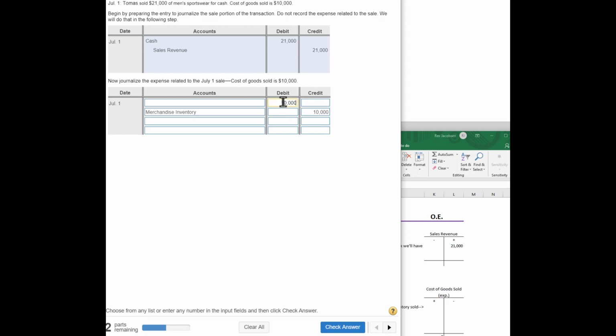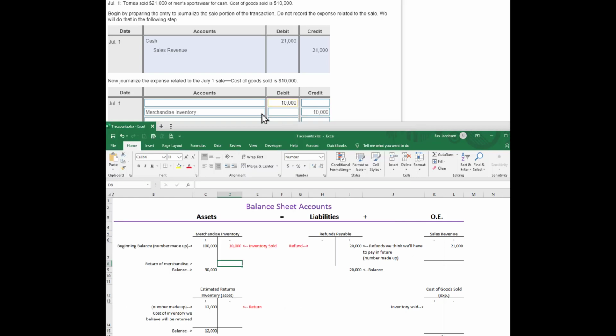So we've got to figure out, well, what account is being debited now? So when we sell inventory, really what we're doing is we're taking the cost of the inventory, we're transferring it from inventory, so we're lowering inventory, and we're putting it into cost of goods sold. So the $10,000 goes from inventory, which is an asset account, and then it goes over here to cost of goods sold, which is an expense.